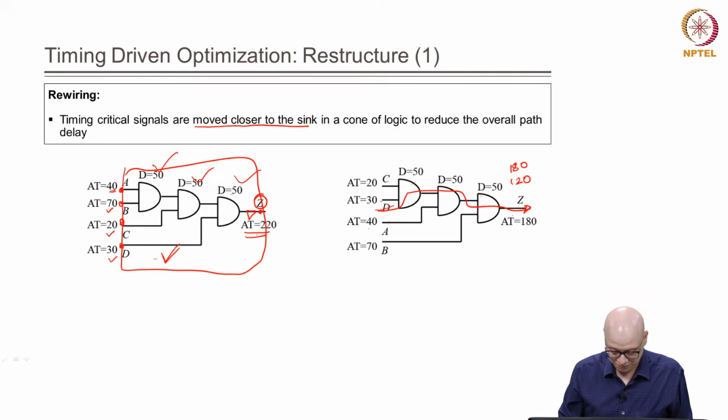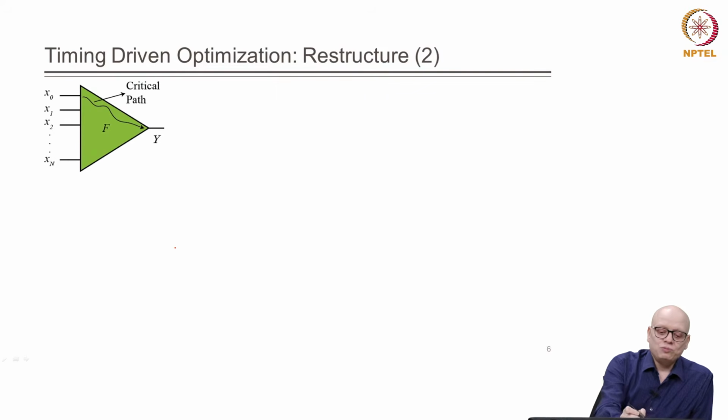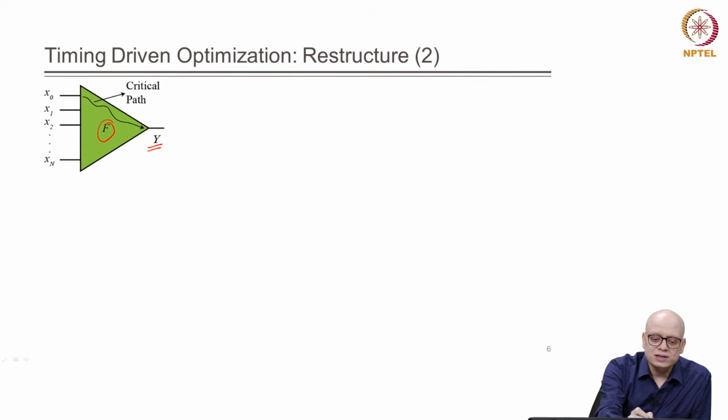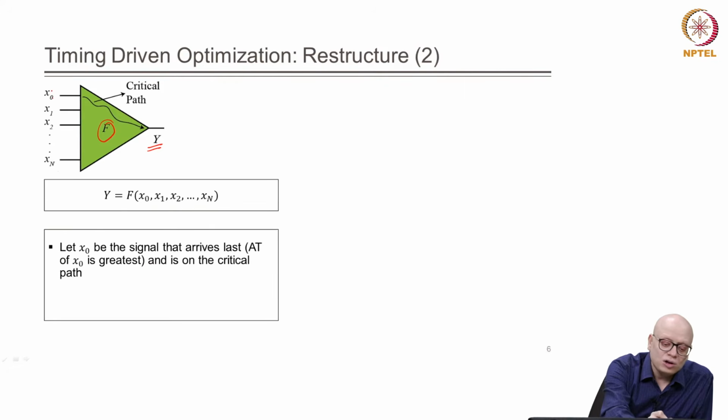Let us see. Suppose y is the output produced by a combinational logic function f, and it depends on the signals x0, x1, x2 to xn. These are the inputs and it is a combinational logic, and let us assume that x0 is critical.